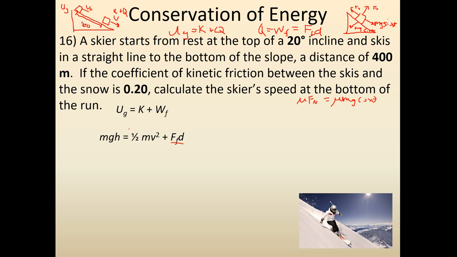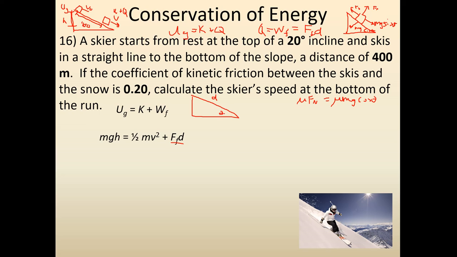Now, another thing to note is that h and d are representing two different things. D is representing the distance along the ramp. H is referring to the vertical height of the ramp. So I'm going to have to do something very similar to what I did last time, where I used trig to find a relationship, because I know the hypotenuse of the ramp, the distance along the ramp.